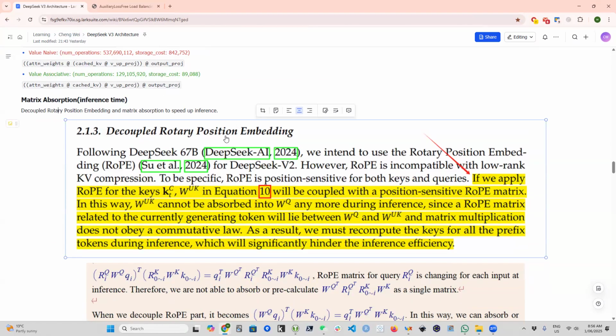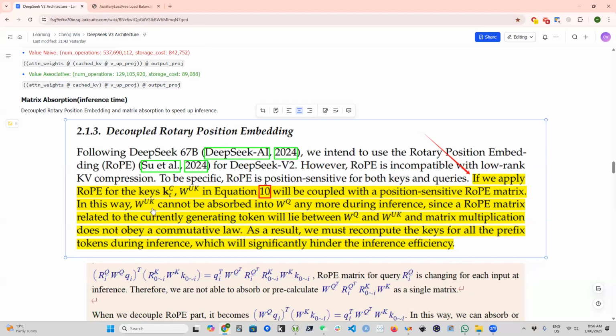In the paper, there's a section that mentions that if we apply rope for the keys, this key is like a latent representation, then up projection in equation 10 will be coupled with the position-sensitive rope matrix.